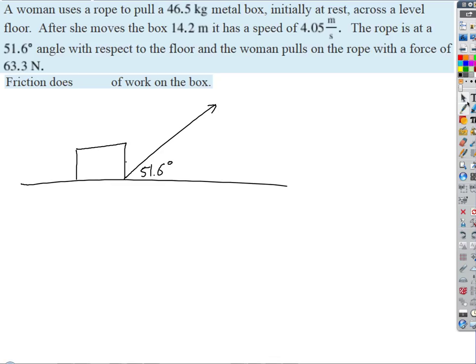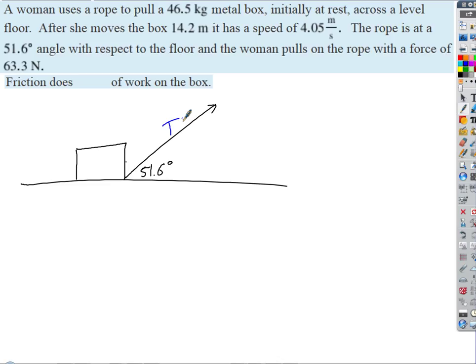Tension, there we go. Okay, here's the tension vector, right? And we even know what the tension is. The tension is 63.3 newtons, right? She pulls on the rope with a force of 63.3 newtons. So then all we have to do is set up the work energy equation again. The box starts from rest, agreed?